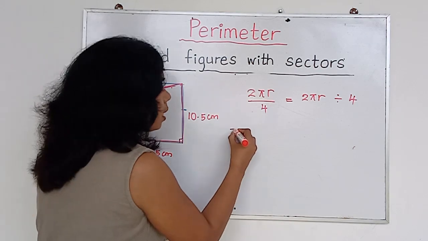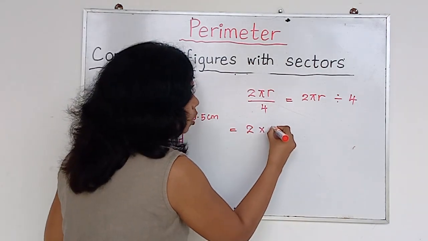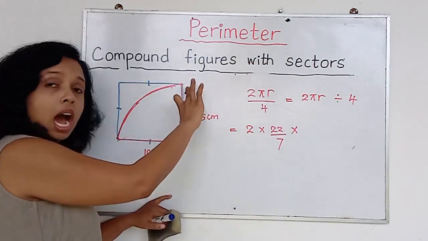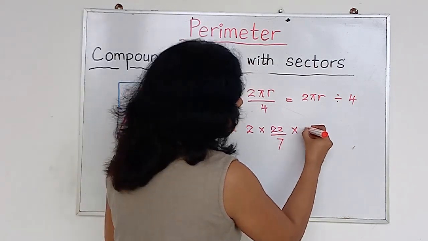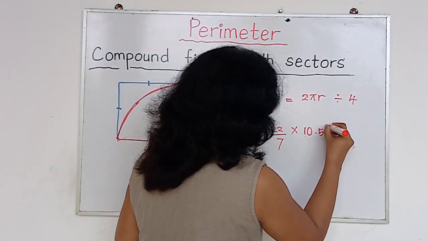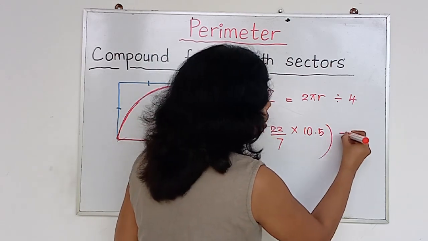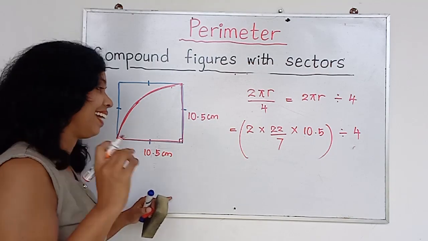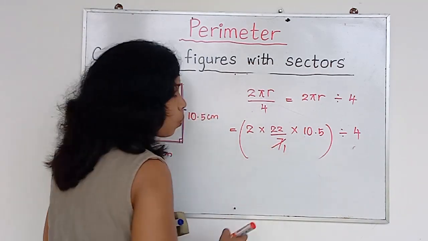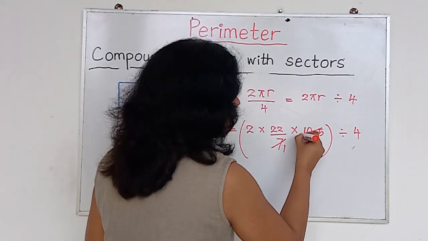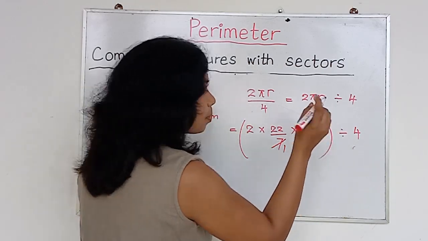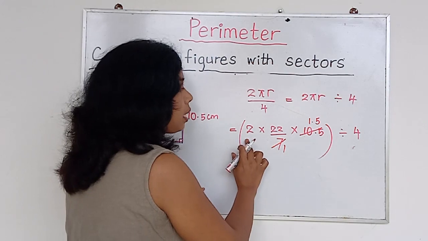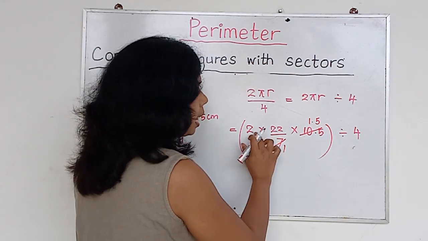Right. Now, let's do this. 2 times pi is 22 over 7. And what is the r value now? 10.5 centimeters. The whole thing should be divided by 4. Okay? Right. Now, 7 times 1.5. Right? Then 2 times 1.5.